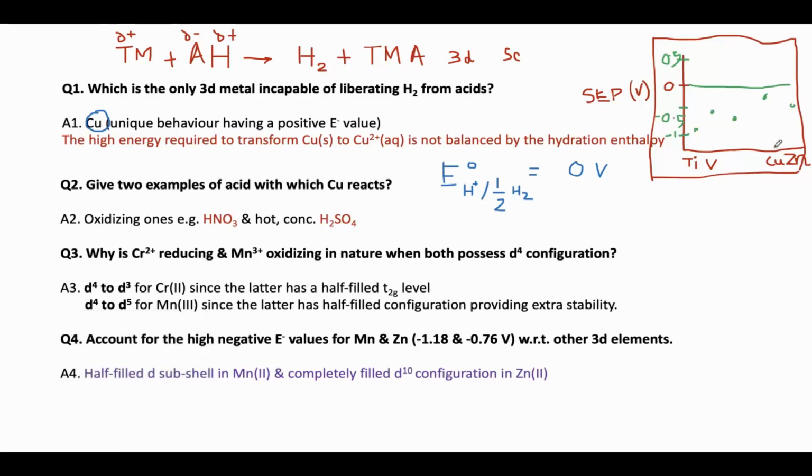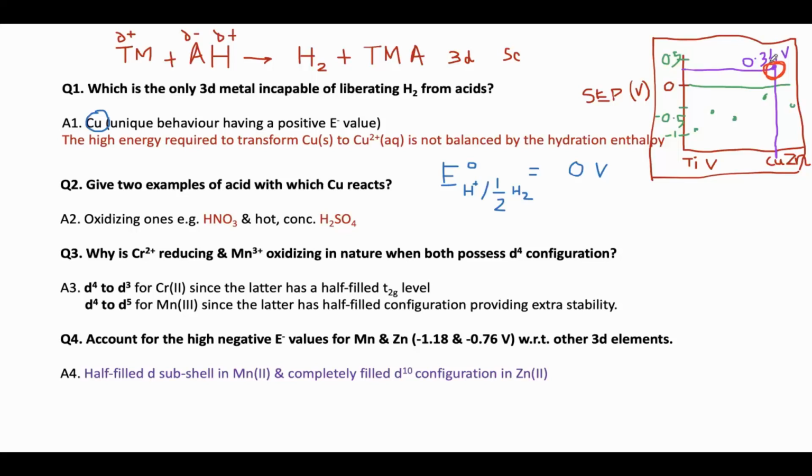In case of copper, the value actually is plus 0.34 volt, which is actually here. So in case of copper, the situation actually gets reversed. This is the position of the copper in the standard electrode potential series.